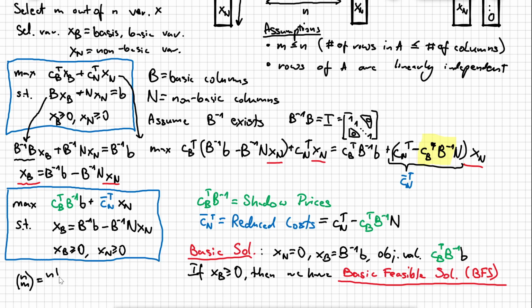This is n factorial divided by m factorial multiplied by n minus m factorial. That's a very large number. Like if you take, let's say, n 100 and m 50, that's the number of combinations of 50 out of 100. This is about 10 to the power of 29. So it's a very large number, and it's practically impossible to solve a problem like this by just enumerating all basic solutions, finding which ones are feasible, and then finding which of them is the best.